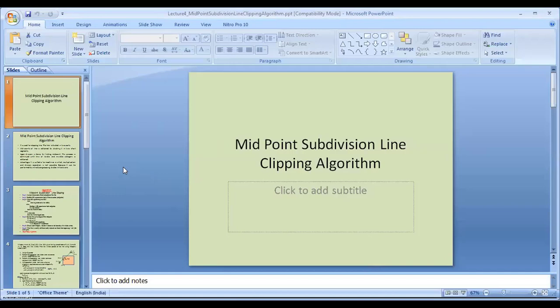for the intersection points. So what we used to do earlier, we used to calculate the intersection points across the edges in case of Cohen-Sutherland line clipping algorithm.